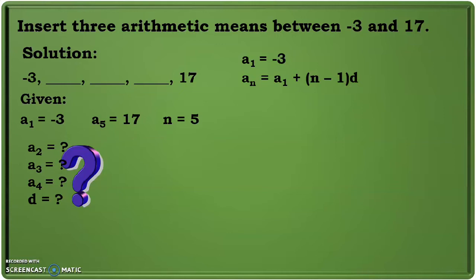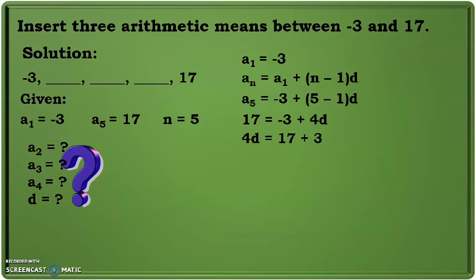A sub n is equal to a sub 1 plus the quantity of n minus 1 times d. So a sub 5 is equal to negative 3 plus 5 minus 1 times d. But a sub 5 is equal to 17, equals negative 3 plus 4d.